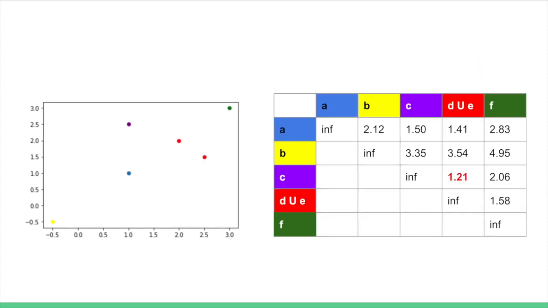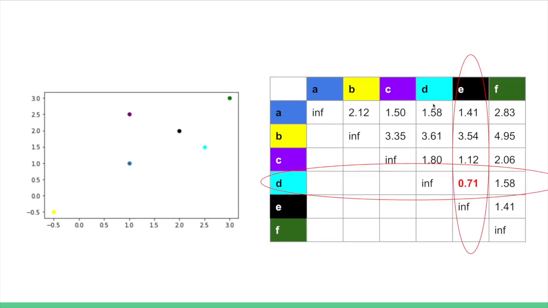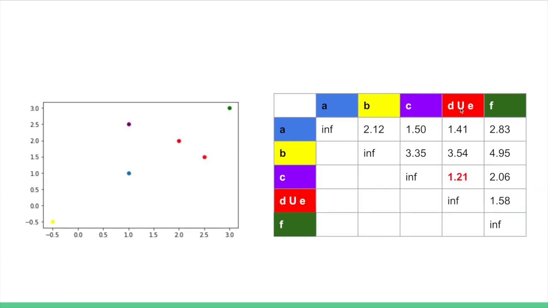That gives us another cluster which consists of points D and E. The way we update the proximity matrix is that, notice in the previous slide, the distance between D and A is 1.58, and the distance between E and A is 1.41. So we update the distance between A and cluster D union E to be 1.41, because that's the smallest distance between this cluster and point A.